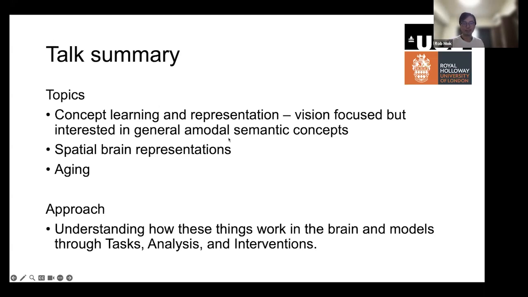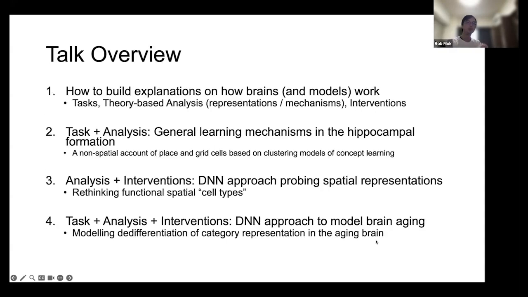So sorry in advance. But I'll be talking about concept learning and representation. It's got a little bit of a vision focus, but the interest is really in general amodal semantic concepts. I'm going to talk a bit about spatial brain representations, and if there's time, I will talk about aging as well. So the idea is how can we understand how these things work in brains and models through task analysis and interventions. Here's a talk overview.